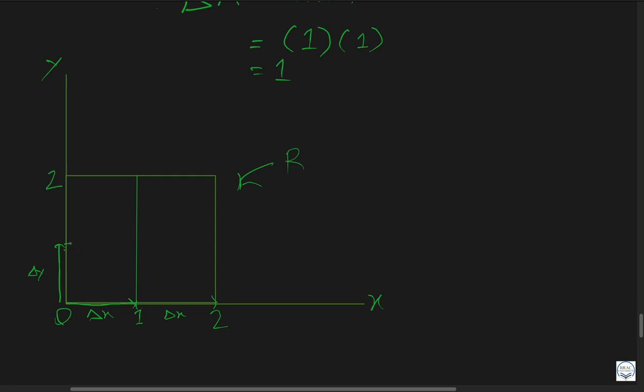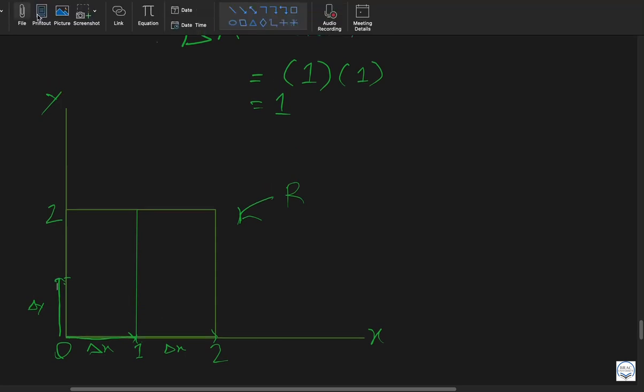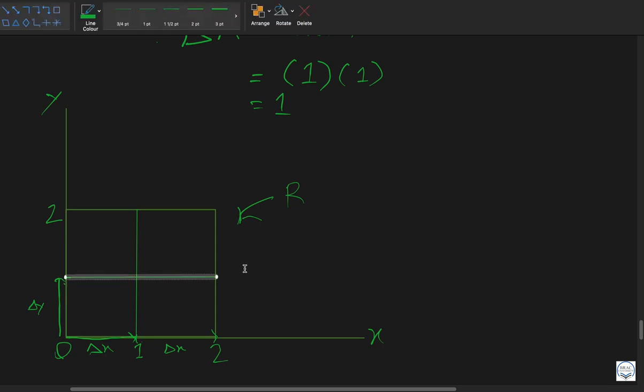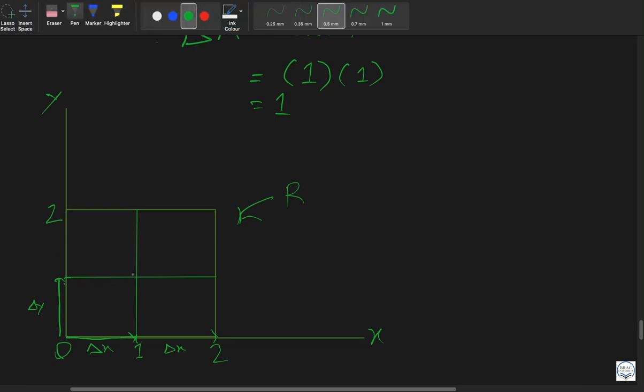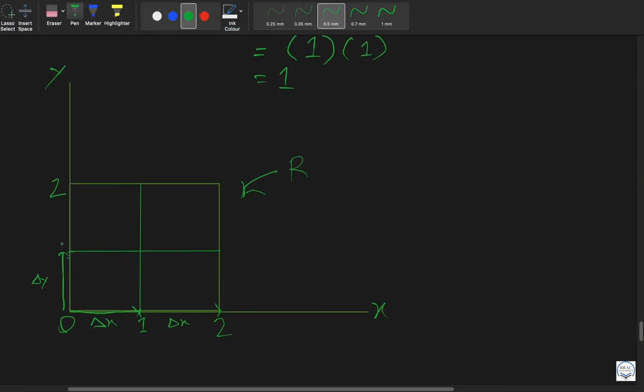Similarly, now we will move our focus to the y-axis. We start from y equals 0 and move up by 1 unit because delta y is just 1. So we move up by delta y to y equals 1, and here we will have a horizontal line.